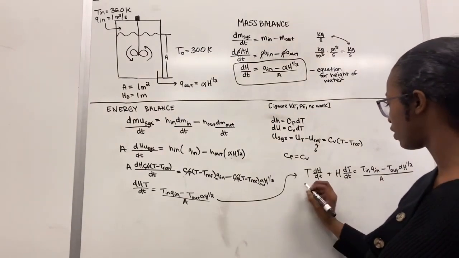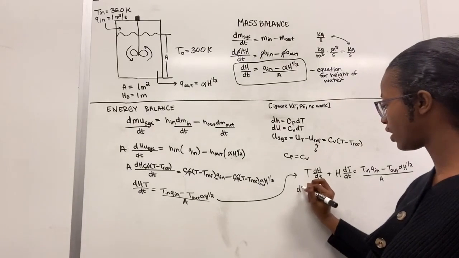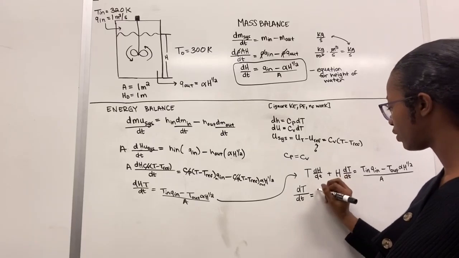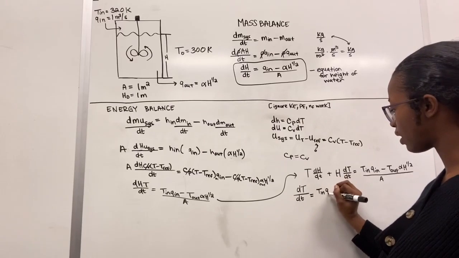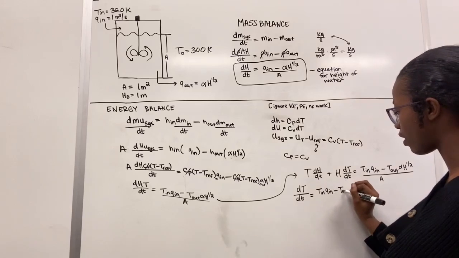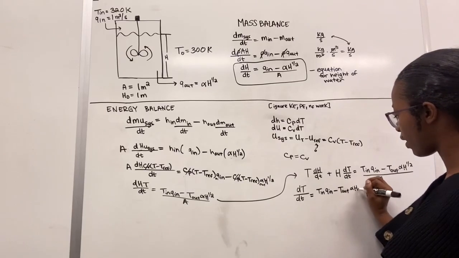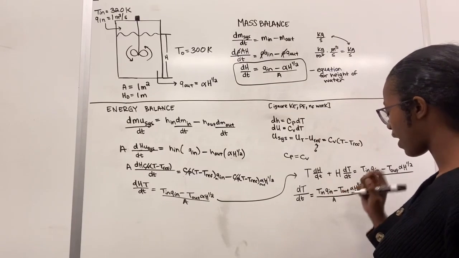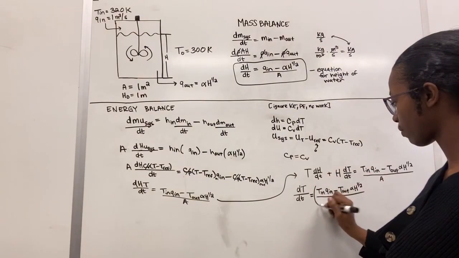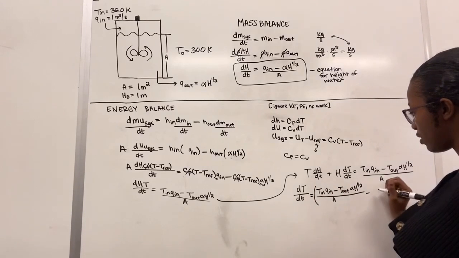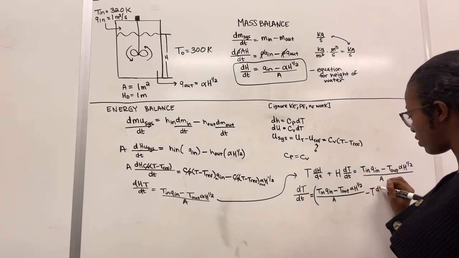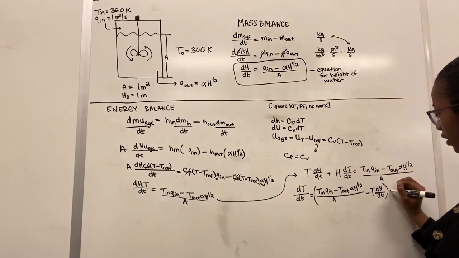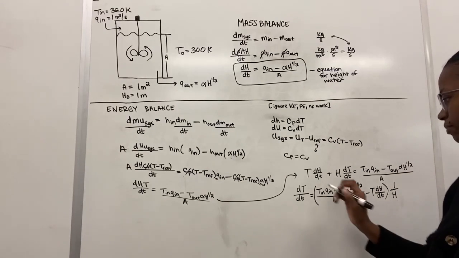So we're left with the change in temperature with respect to time is equal to the temperature coming in times the flow rate coming in minus the temperature going out times the flow rate going out, which is alpha times the height to the 1/2 power, divided by A, minus the temperature times the change in height with respect to time, times 1/H.